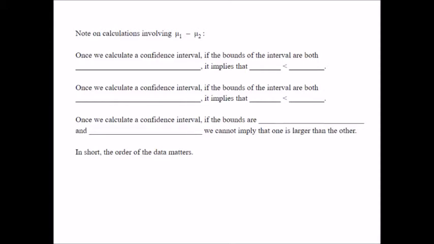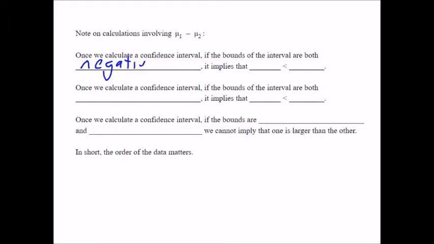So a note on calculations involving the difference of population means and population proportions. Once we calculate a confidence interval, something like we are 90% sure that the population mean is between 3.5 and 4.5, we might get bounds in that interval that are both negative.